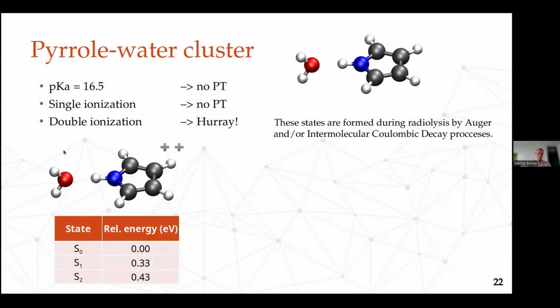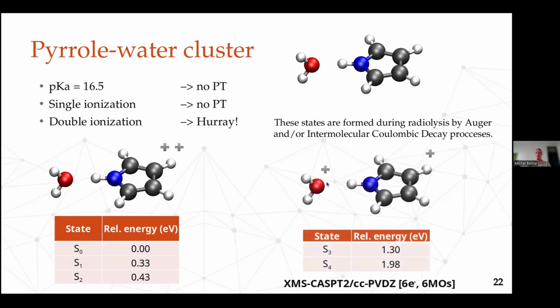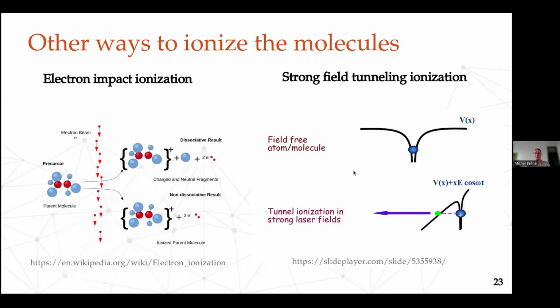If you prepare the system in the most relaxed electronic structure, both electrons are removed from the pyro unit, and one needs to look at some higher excited states in order to find the localized state.